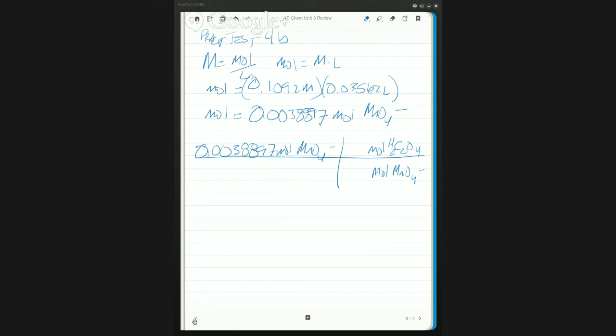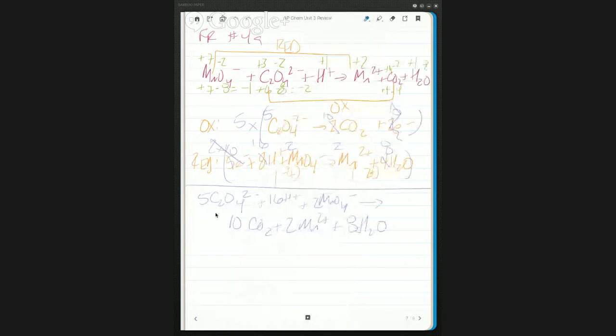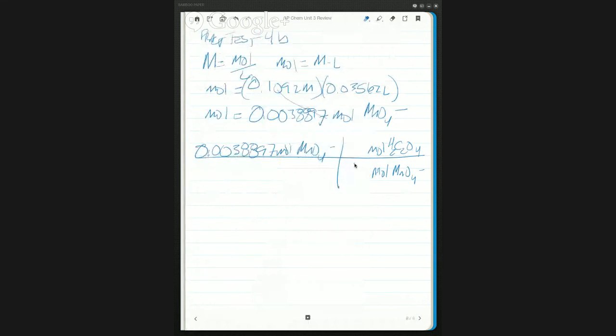If we go back to our balanced equation, we see that it is 2 moles of MnO4 minus to 5 moles of the C2O4 2 minus, or 5 moles of the H2C2O4. So 2 to 5. I'm going to write 2 here and 5 here. Okay. And when I multiply times 5 and divide by 2, I end up with 0.00, and with sig figs there are 4 sig figs.